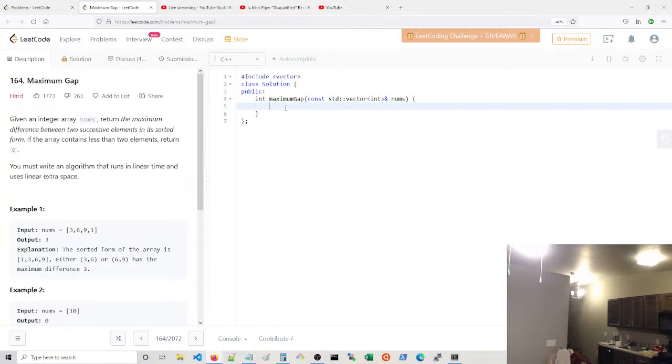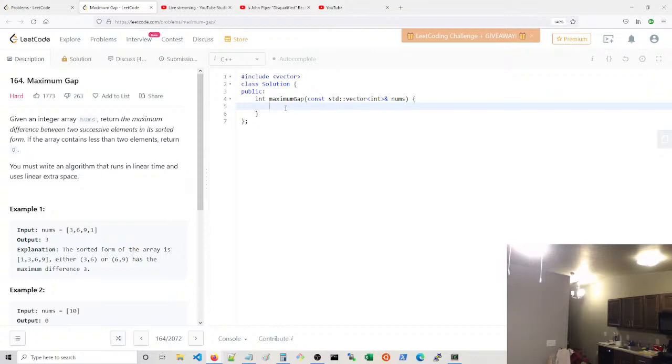Can we perform kind of like a binary search, maybe? How do we know that two elements are going to be next to each other in the sorted order? Oh, you know what you can do? Oh, that's interesting.